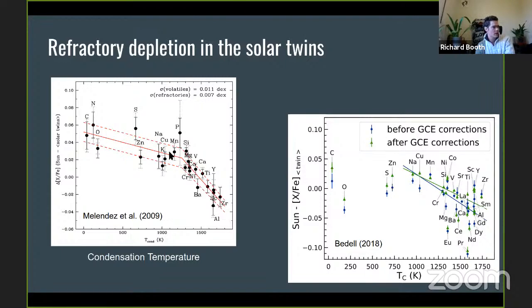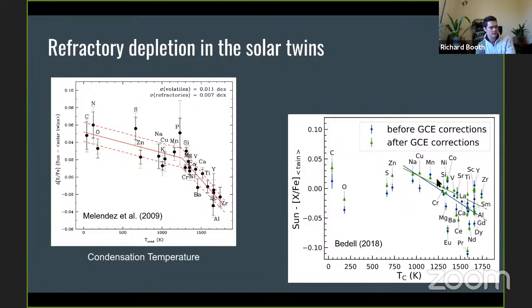So we saw this result, and that was very interesting. There have been lots of proposed explanations. More recently, Megan Bedell looked at the issue again, now with a sample of more like 100 stars, and she still saw a very similar effect, that the sun is depleted in essentially a bunch of rock-forming elements.